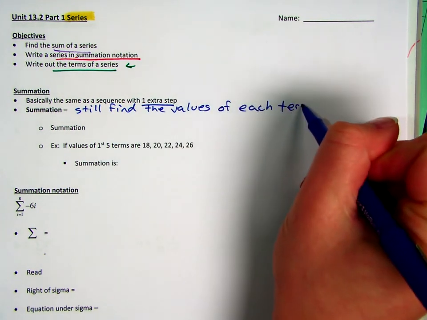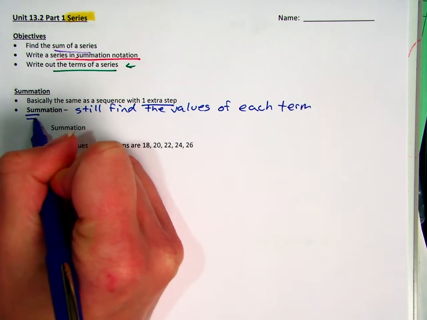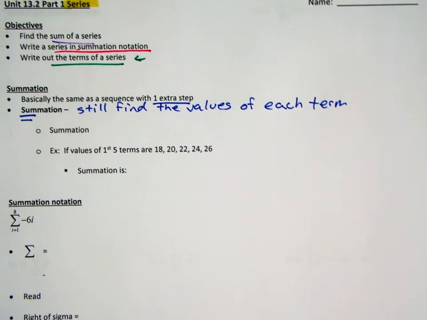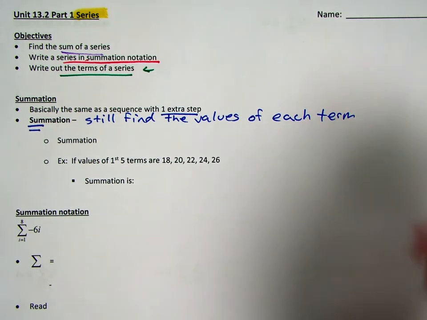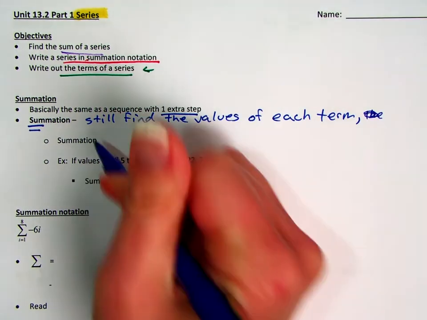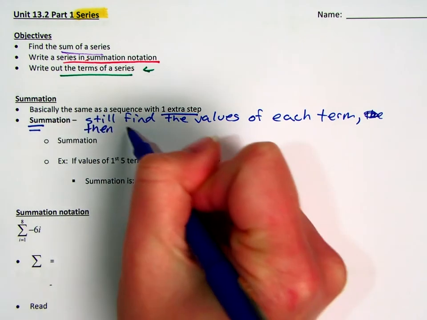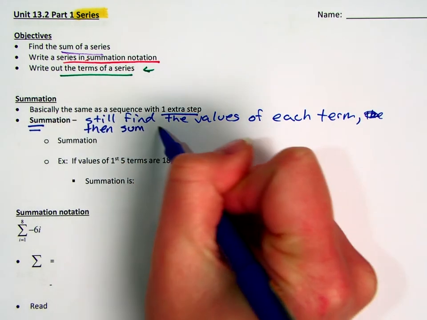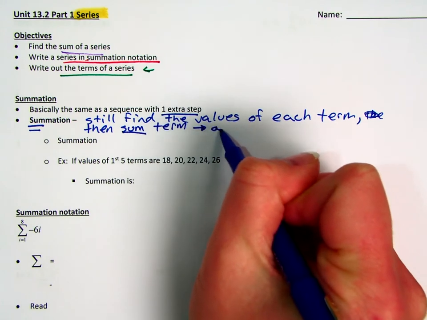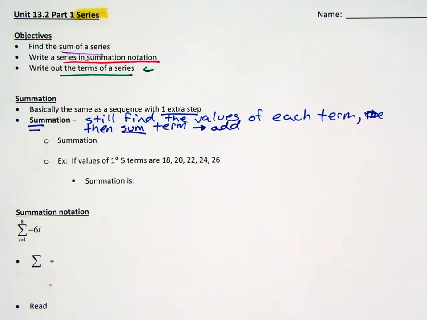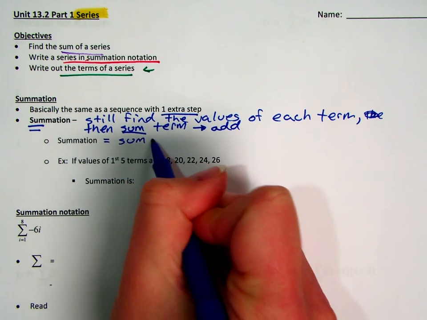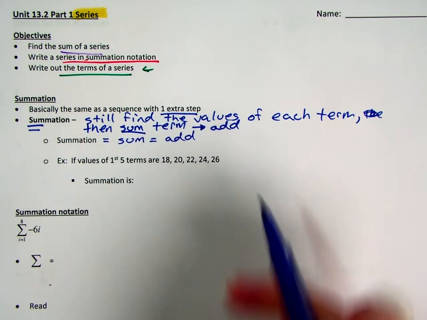But to turn it into a summation, look at the first three letters. The first three letters spell out the word sum, which tells us that after we find each of the terms, then we're going to add them together. So then sum the terms. Summation means to sum, and sum means to add. So we're going to add all the terms together because summation means sum, which means to add.